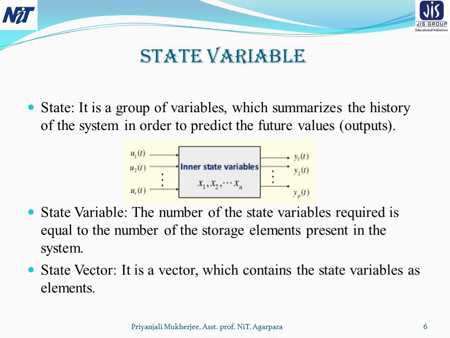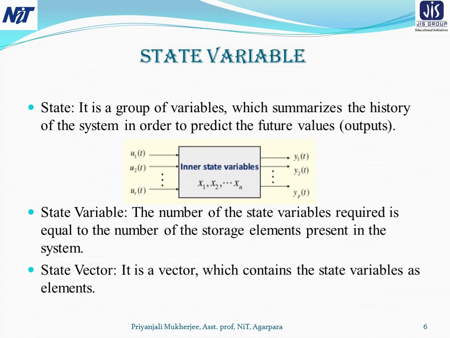That is, the state variables are the minimal set of variables such that the knowledge of these variables at any initial time t equal to t0, together with the knowledge of the inputs for t greater than or equal to t0, is sufficient to completely determine the behavior of the system for any time t greater than or equal to t0.